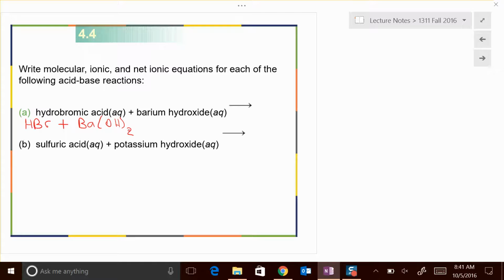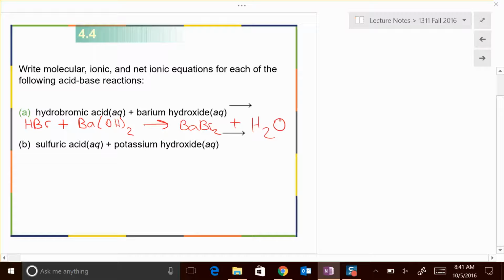Okay, so that's going to react, goodness, to form what? Barium bromide plus water, right?